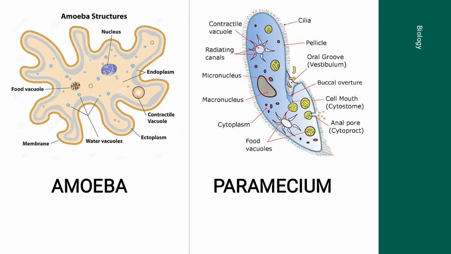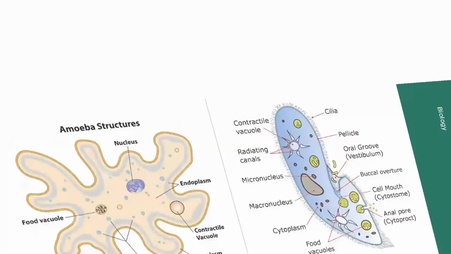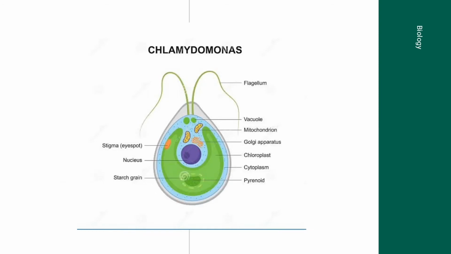So both amoeba and paramecium are animal-like protists, which are single-celled. So amoeba is an animal, paramecium also is an animal, and they are unicellular organisms that exist singly on their own. And then we also have Chlamydomonas.